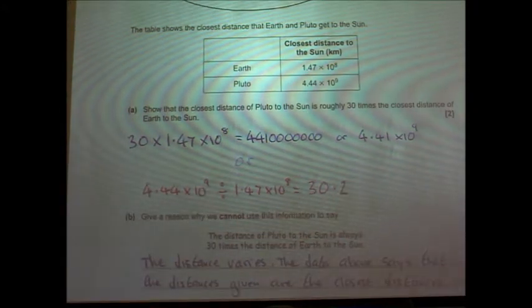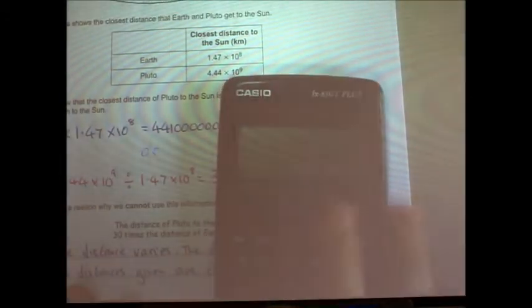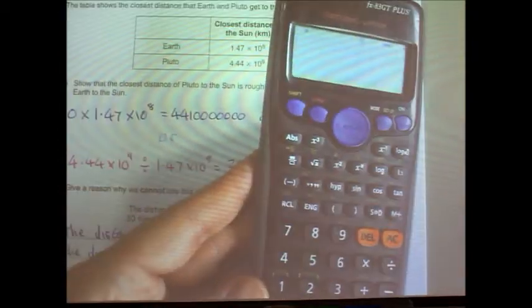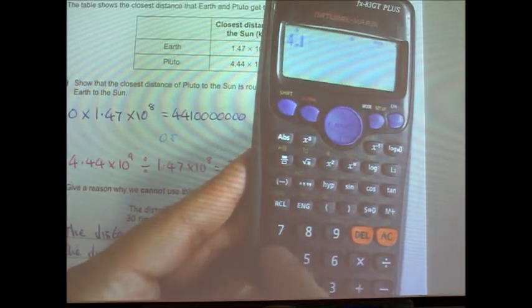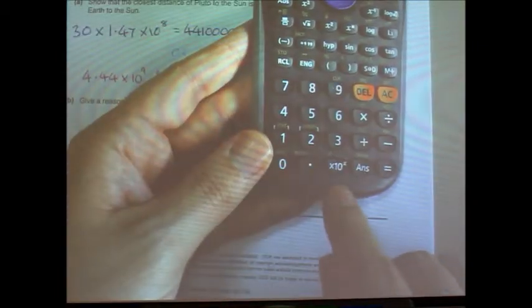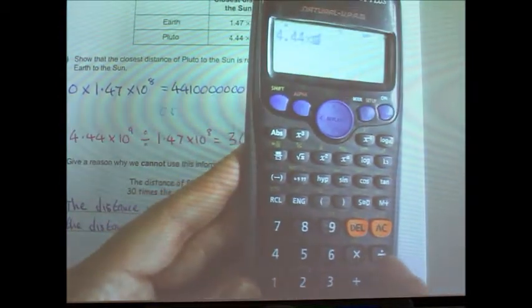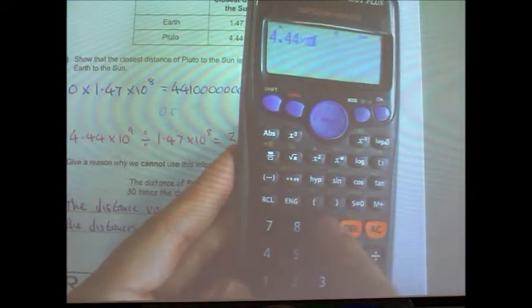I want to show you how to do that in case you didn't know how to put standard form into a calculator. I hope this calculator shows up. If I tilt it towards the window, it works a bit better. So the calculation we're going to put in is 4.44, and standard form is this button here, times 10 to the x at the bottom, to the power, this is Pluto's one, isn't it? So that's to the power 9.